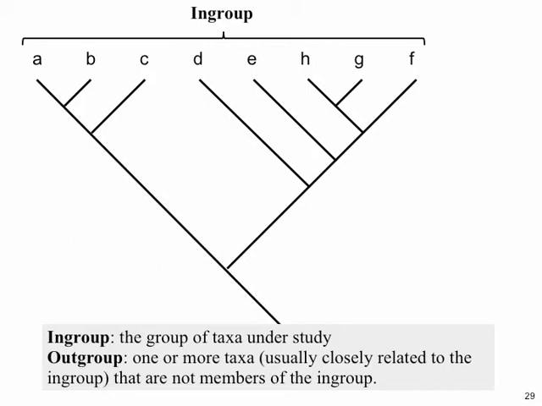And then the out-group, relative to the in-group, can be one or more organisms that separated out in evolutionary history prior to the existence of the common ancestor of the in-group. That is, they are not members of the in-group in a monophyletic clade sense.